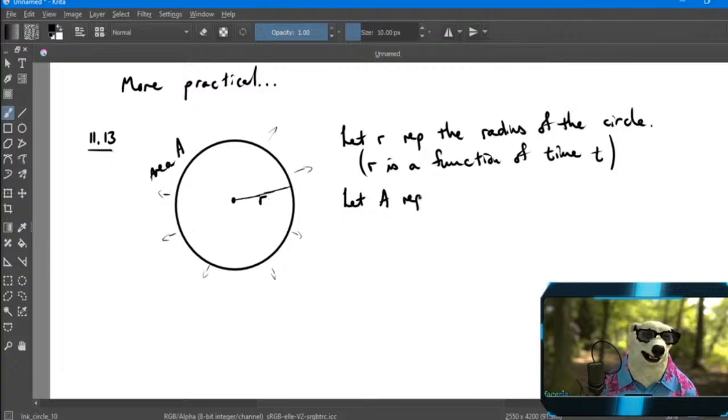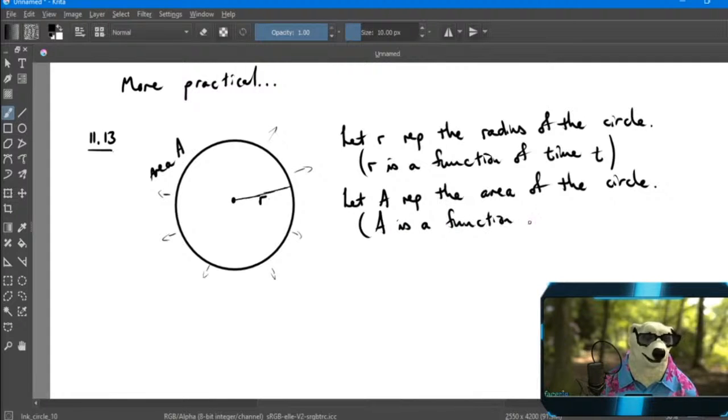Let A represent the area of the circle. Now, you don't have to say the bracket portion. I just want us to be aware, because this is our first kind of example, that this A is a function of what? Technically of time.